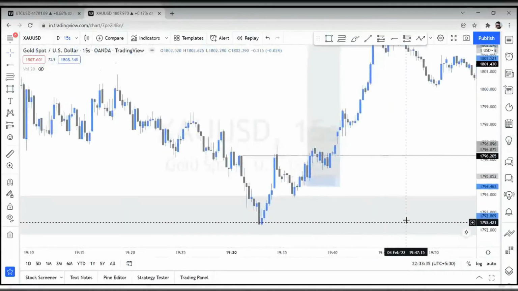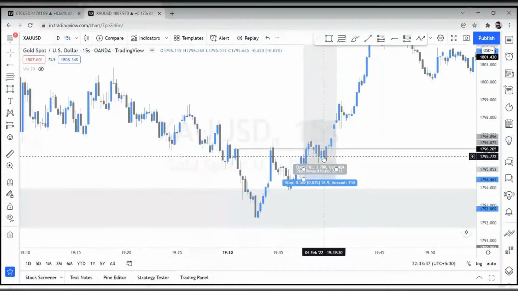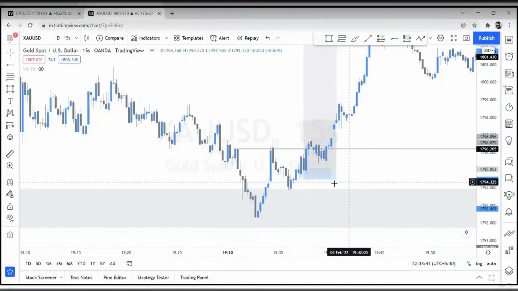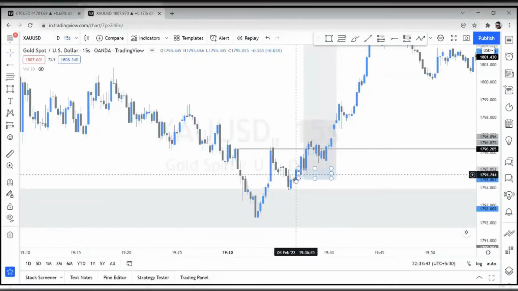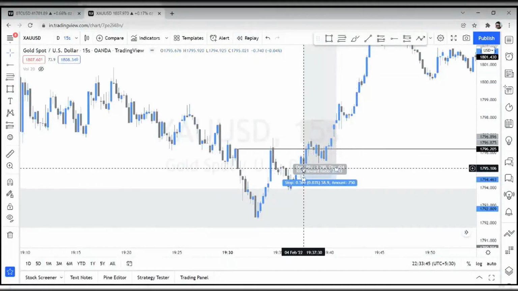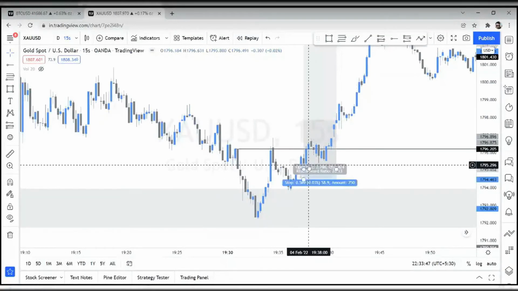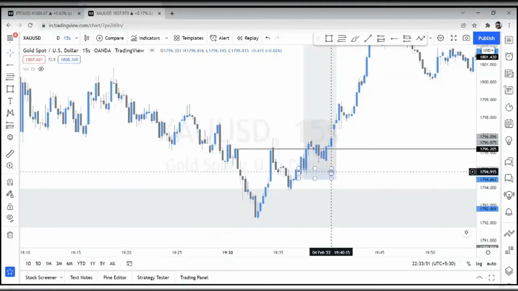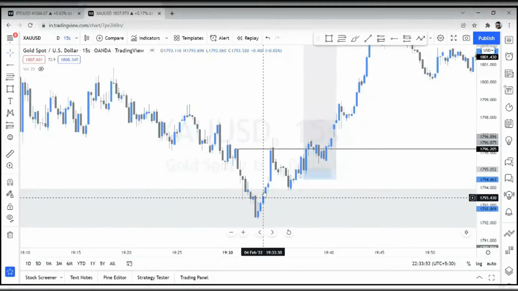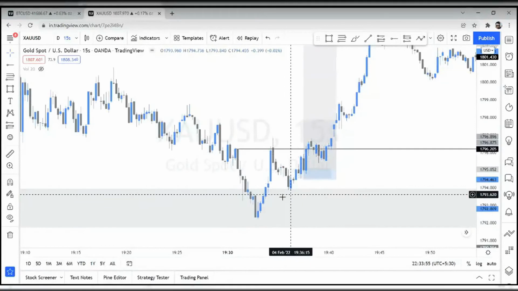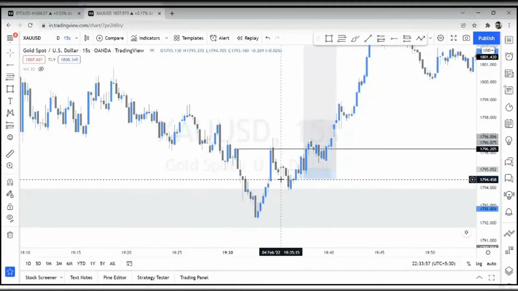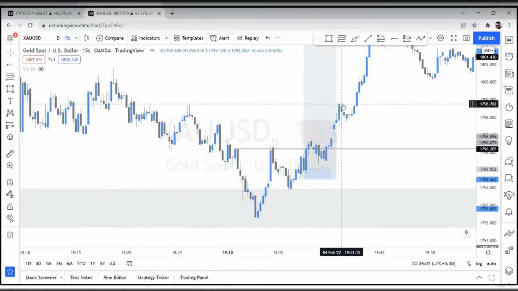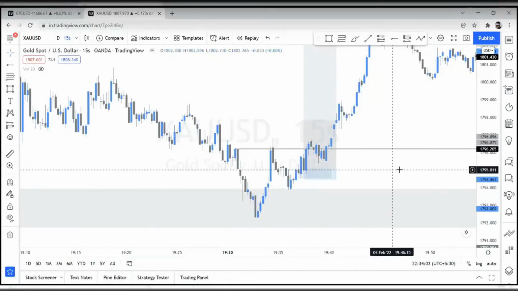Because if this move breaks the stop loss here, it means that this is no more the protected low that the institutions or the banks want to protect. That means they want to go lower. So that is why we have a stop loss. We have a break of structure here, and this low is protected with this move. It moves higher here. So this is how we look for structures.